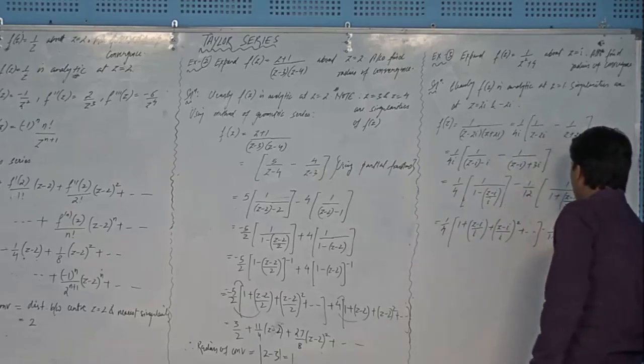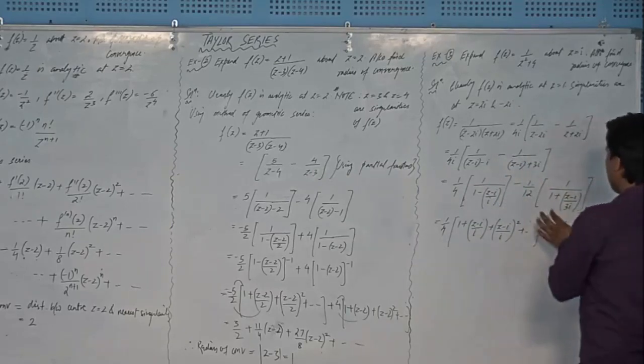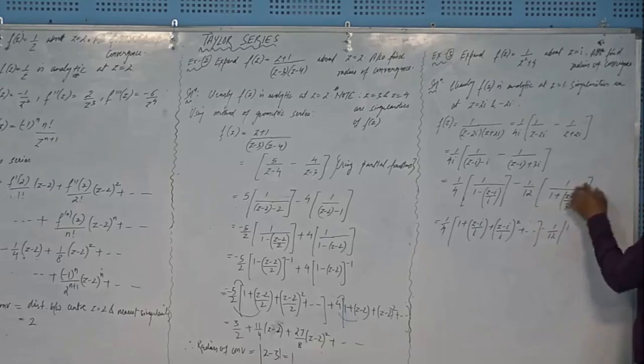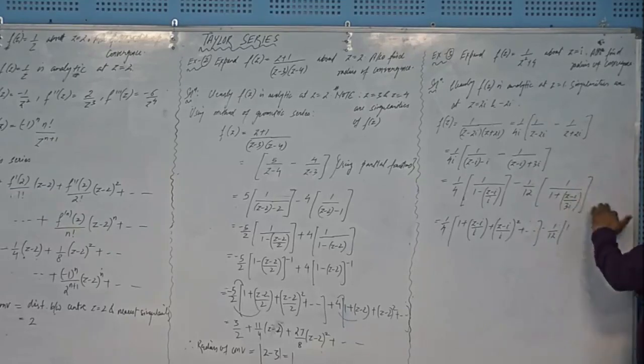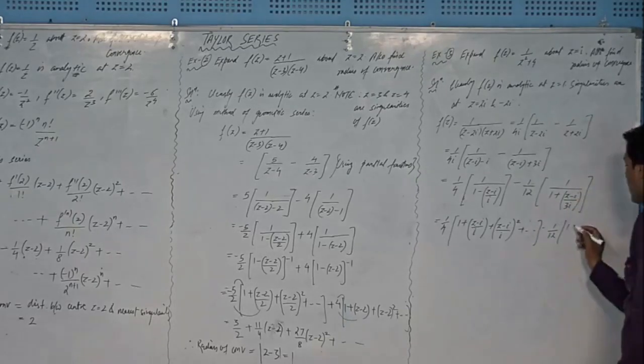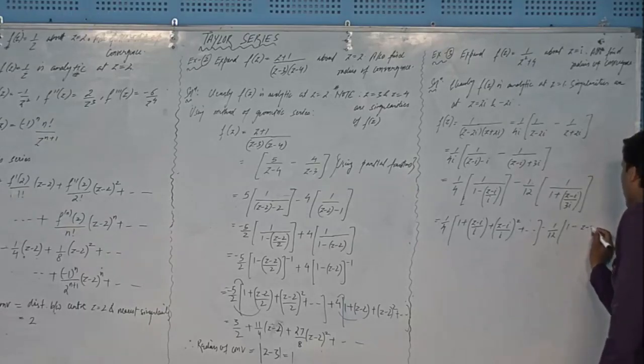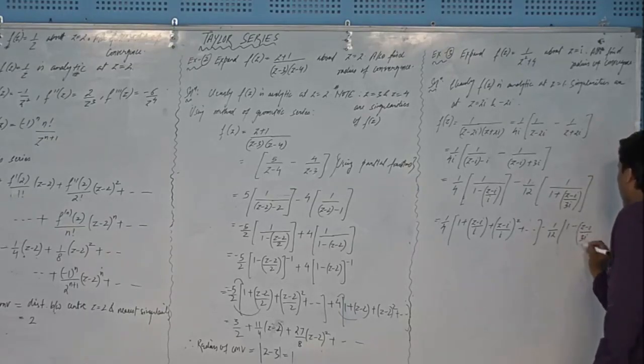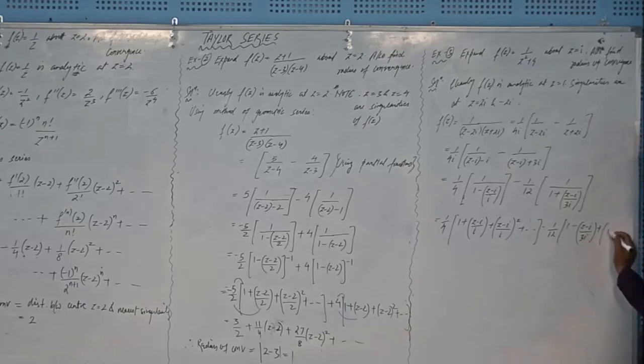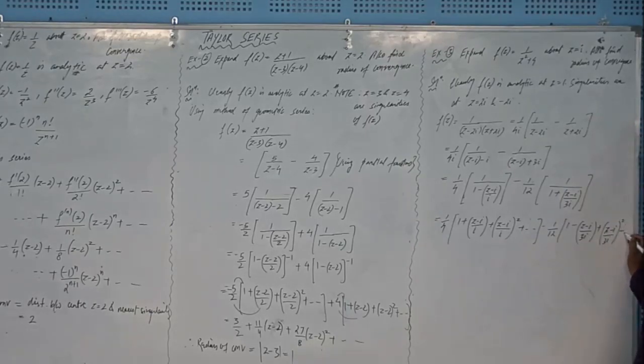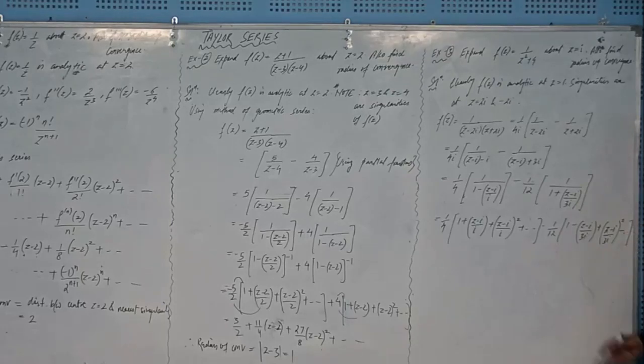Minus 1 by 12, and when you take this 1 plus this or minus 1, there will be alternate terms, negative and positive. First will be 1, then negative sign z minus iota over 3 iota, and then positive sign z minus iota over 3 iota whole square, and then negative, and so on, right?